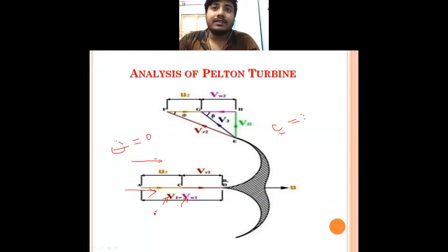As alpha is equal to 0, that indicates V1 is the same as VW1, and VF1 is equal to 0. Because sin alpha is equal to 0, and V1 cos alpha is equal to VW1, and as the angle is 0, VW1 is the same as V1.